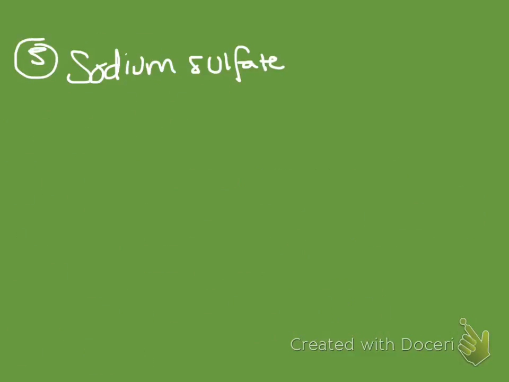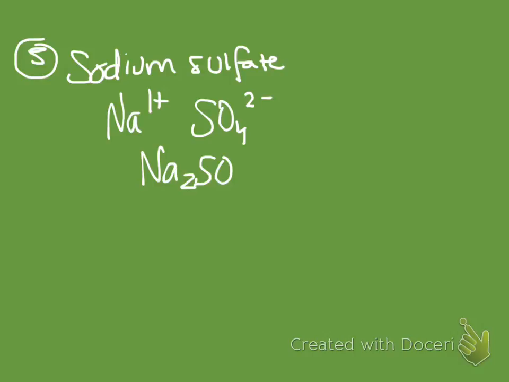Okay, number 4, you're given sodium sulfate. Many people just wrote the formula wrong on this. So sodium is, of course, Na1+. Sulfate is SO4 2 minus. So our formula is Na2SO4. If you didn't write the formula right, everything that follows is wrong.